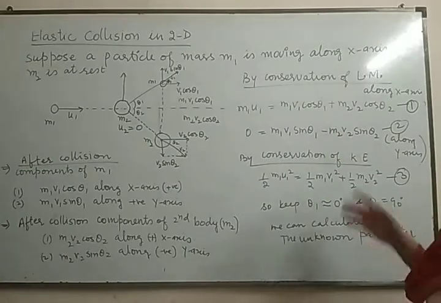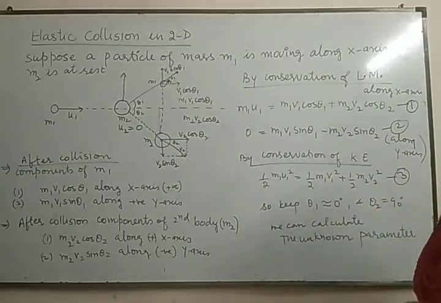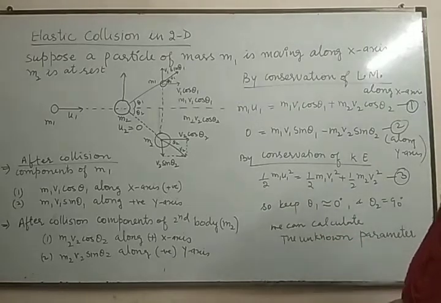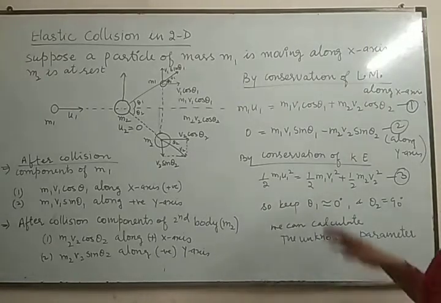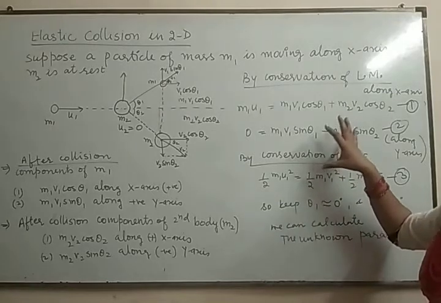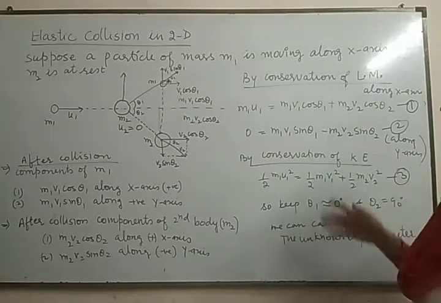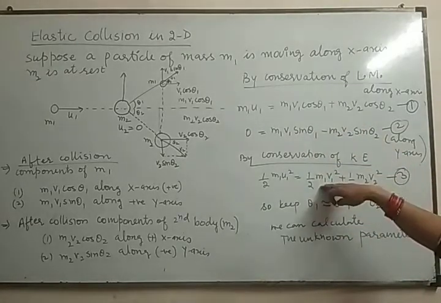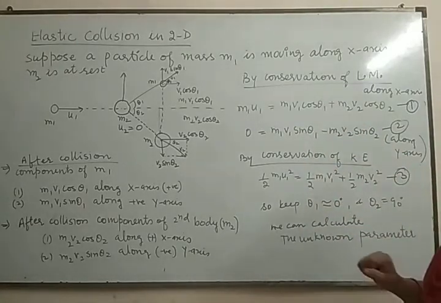So many parameters cannot be calculated by three equations. More equations are required, and we do not have any such equation. So keeping one or two parameters known, the other unknown parameters can be calculated. It means that using three equations, you can calculate only three parameters.